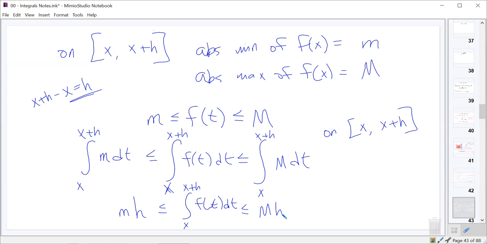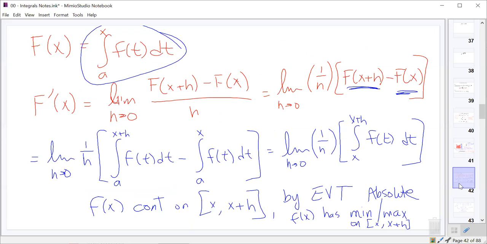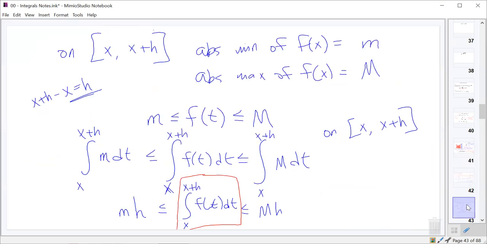Well, hopefully what we then notice here is that this right here is almost the same as what we had right here. We're just missing the 1 over h that we had multiplied out in front of it. Well, I think it's perfectly acceptable for me to divide every piece of this by h.